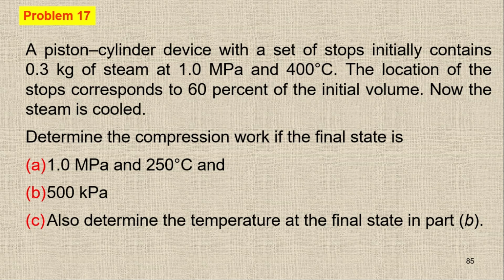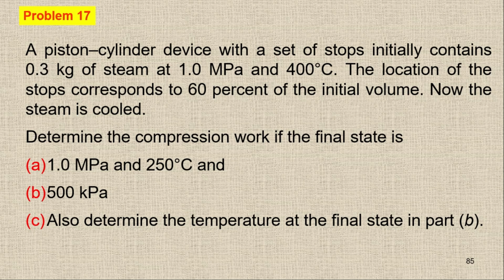So basically, we have the piston cylinder device, and there is a set of stops. Initially, the mass is given, which is 0.3 kg, and the steam at the initial point, state number 1, is 1 megapascal and 400 degrees centigrade. It means we can check the properties of the steam at state number 1 because pressure and temperature both are given.